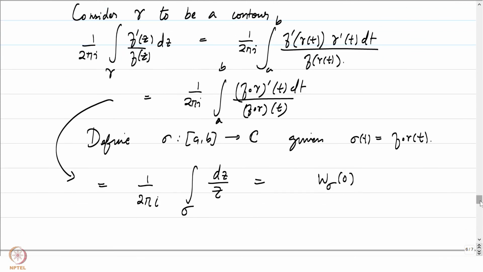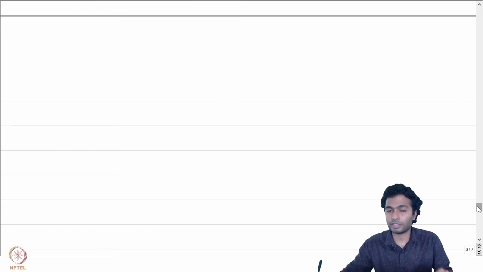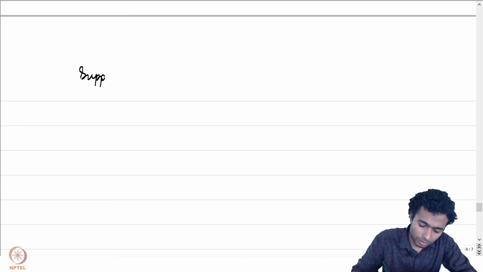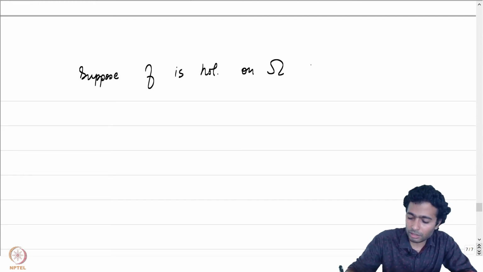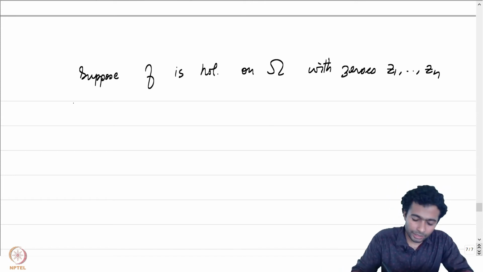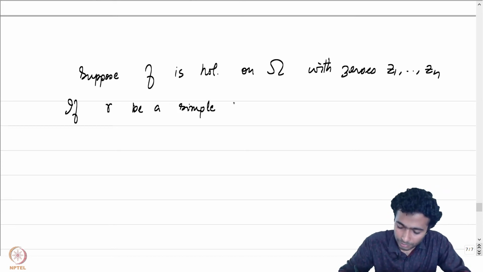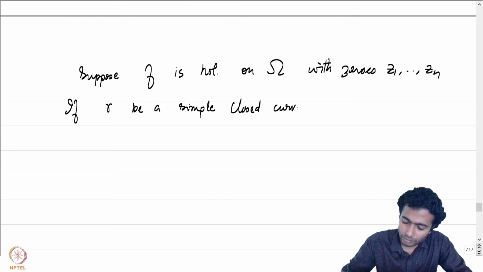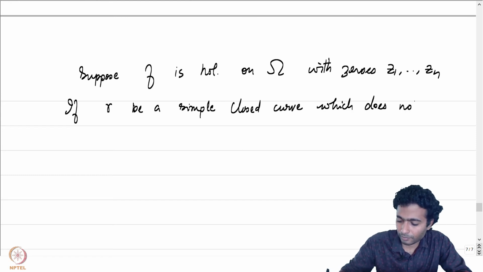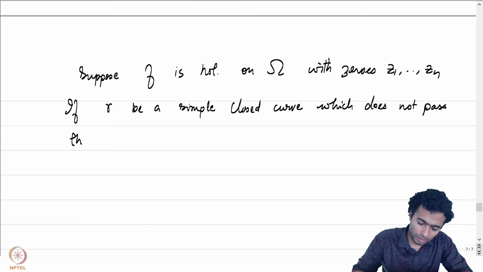A remark before we go further, about what happens when f does not have poles. Suppose f is holomorphic on omega with just the zeros z1 to zn, and suppose you take a curve gamma, a simple closed curve, in which case the winding number is either 0 or 1, which does not pass through the zi's.